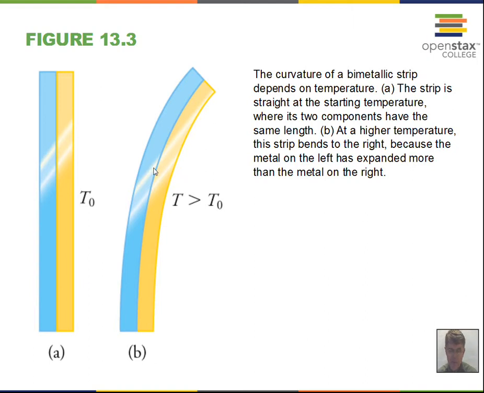This gives us an indication of the amount of temperature change, and we can build devices like thermostats with this. If we put a mercury switch here and make a coil of this material, the metal moving, rocking back and forth, will either open or close the mercury switch and maybe turn our furnace or air conditioner on or off.